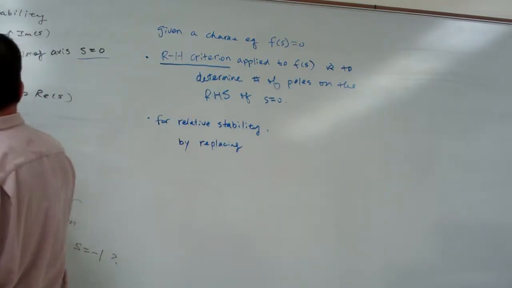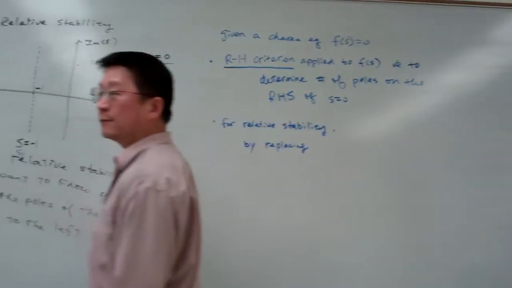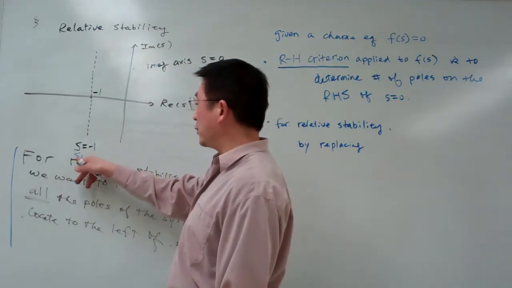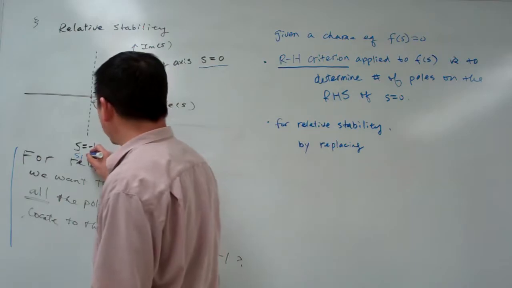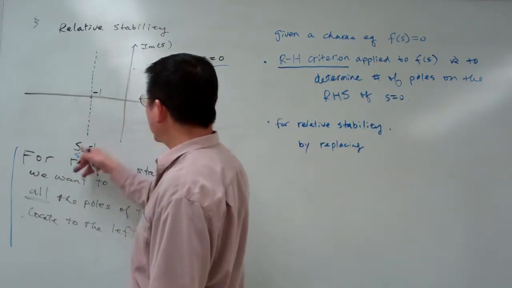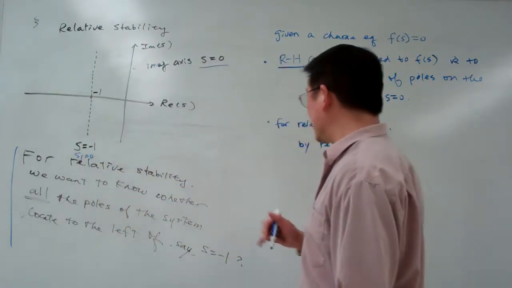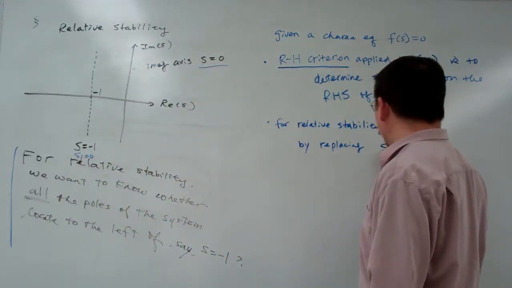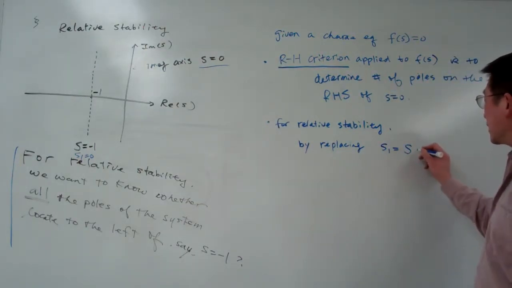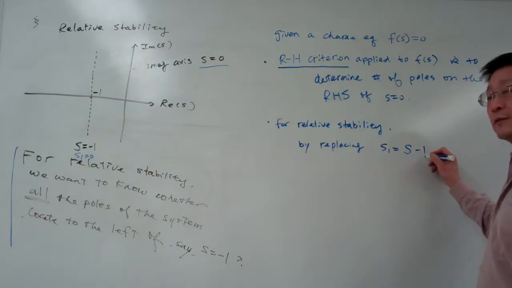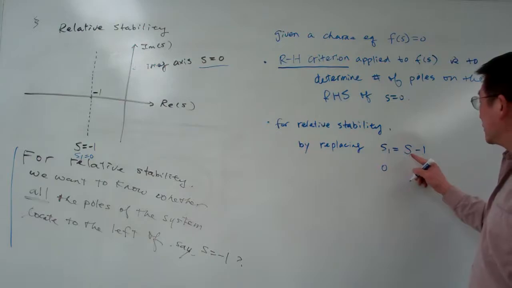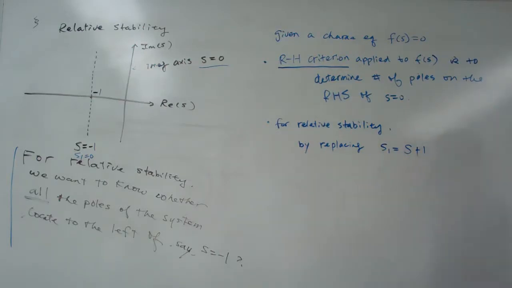Let me call this new axis s1. So s1 equal to 0 aligns to s equal to -1. From here the relation is: s1 equal to 0 corresponds to s equal to -1, so that is s plus 1 equal to 0.